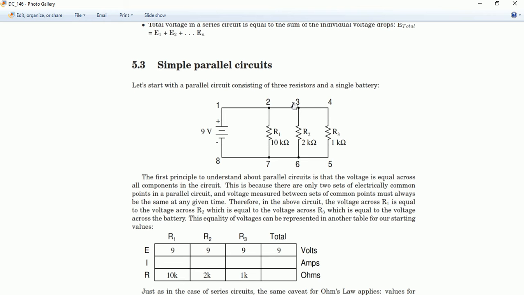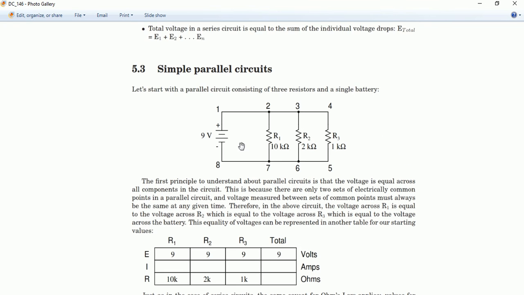To solve this three-resistance problem, we can first calculate the equivalent resistance of R1 and R2, and then apply the formula again with R3: R equivalent multiplied by R3 over R equivalent plus R3. So we get the total equivalent resistance, and when 9 volts is divided by this equivalent resistance, we get the total current here.